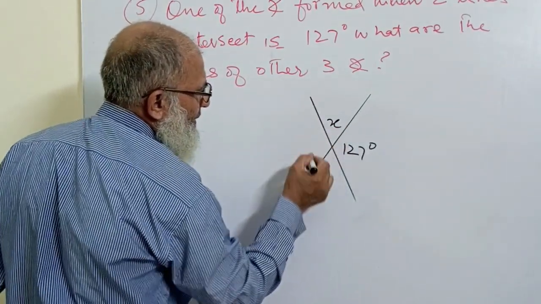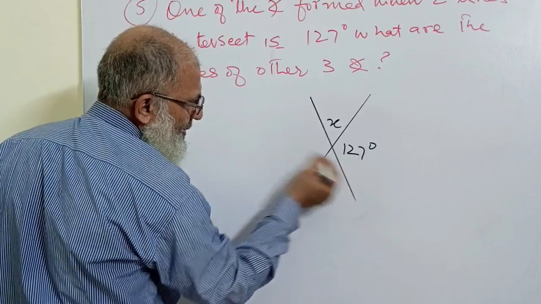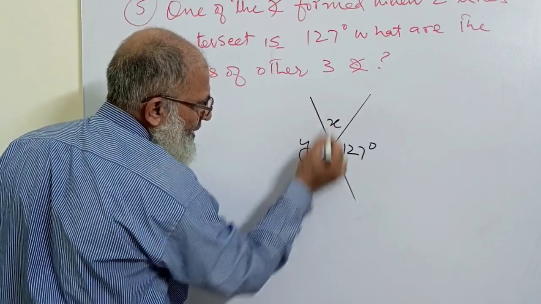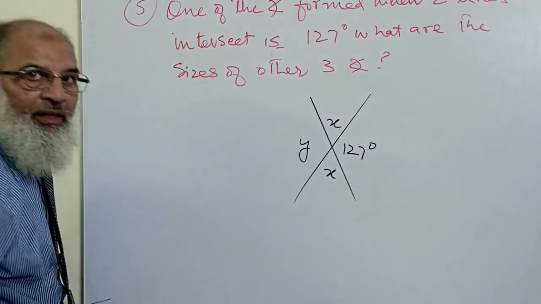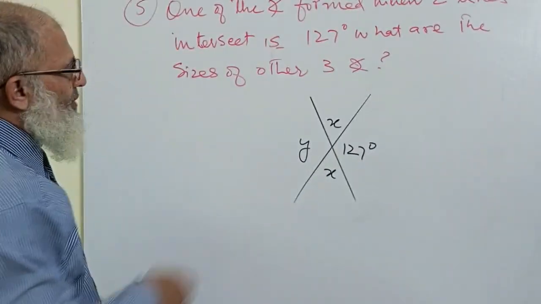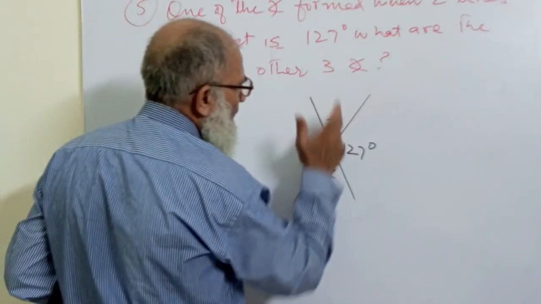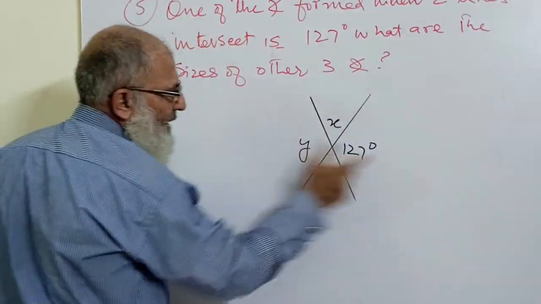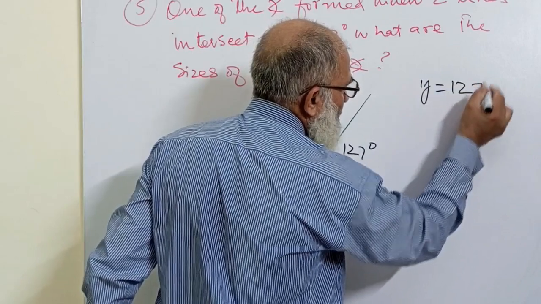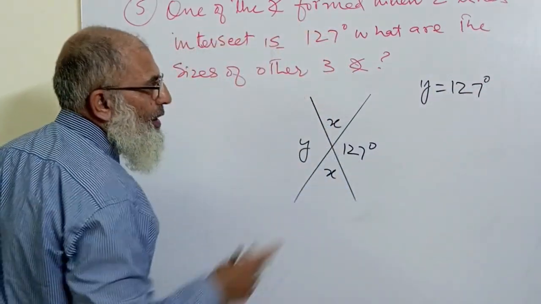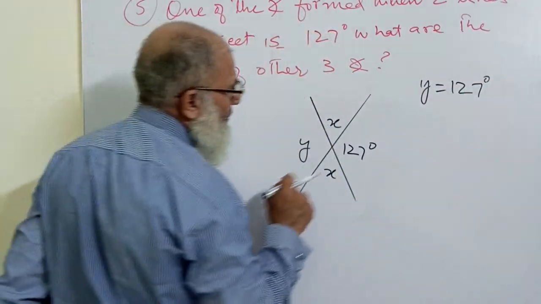So this is x. Now this is y, and since these are intersecting each other, this is again x. So x and x are equal, and y is equal to 127 degrees. So it is confirmed that y is equal to 127 degrees. This was the first angle.